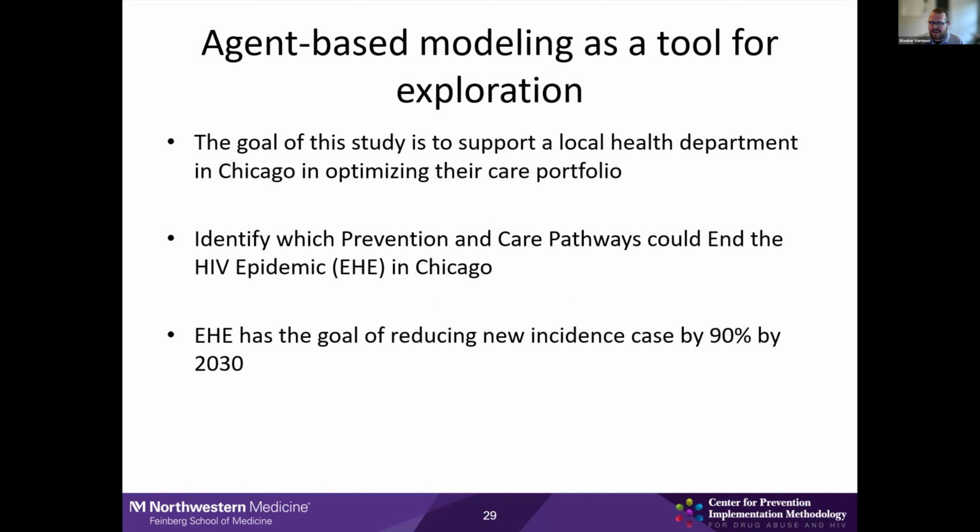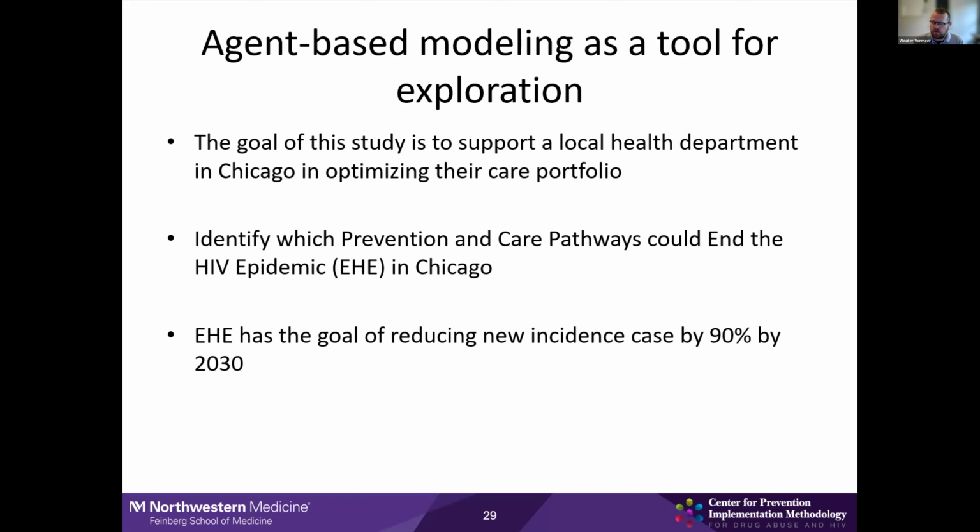The question they had was, given that we're living in this world where we're trying to end the HIV epidemic, what are the best care and prevention pathways towards achieving that aim?